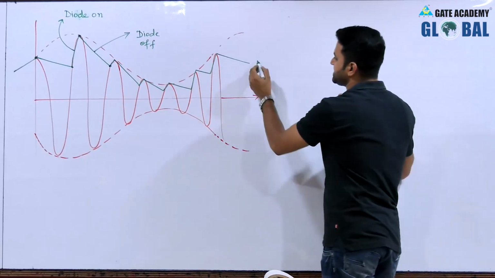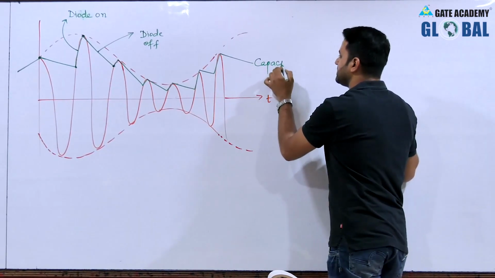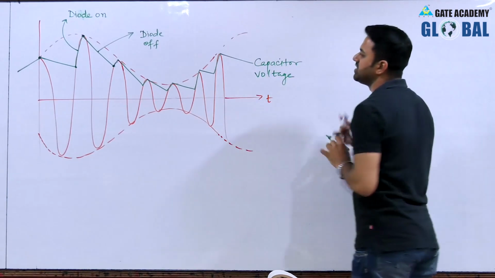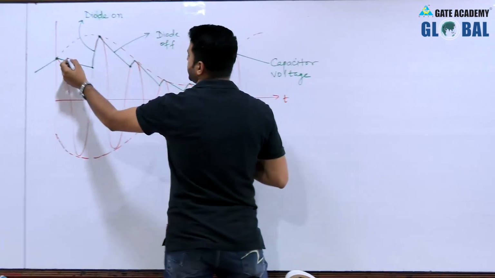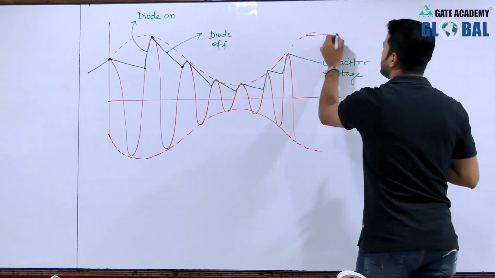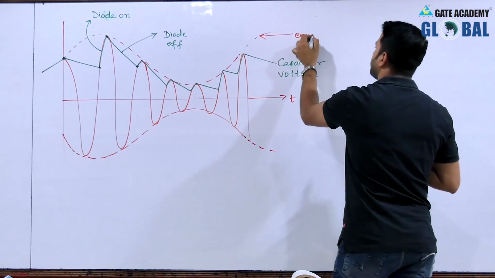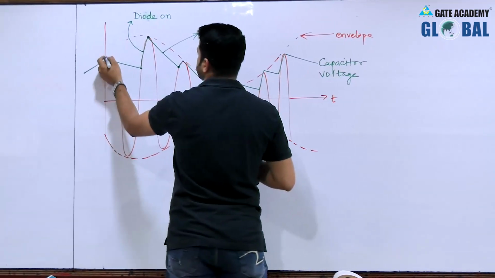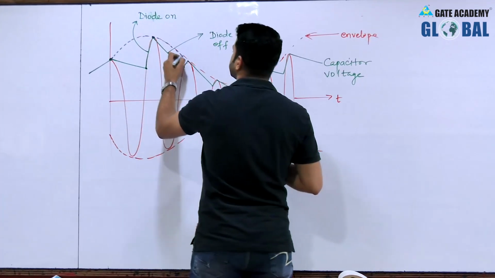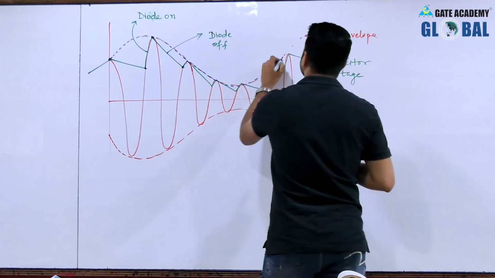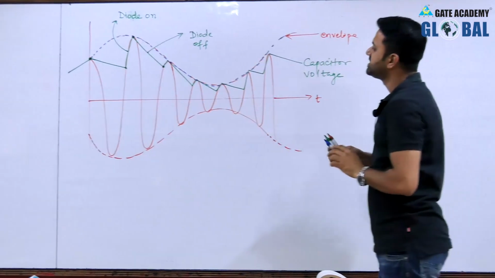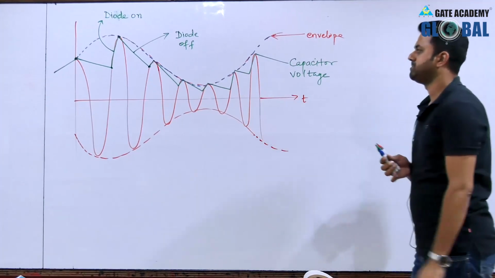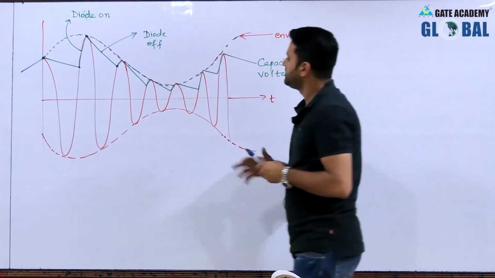This green line is the capacitor voltage. This red line is the envelope. Let us show it here by a blue line, because the original AM signal and the envelope are the same now. This blue line is actually the envelope.